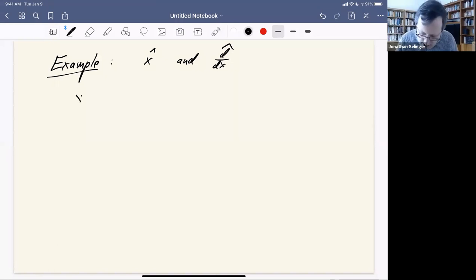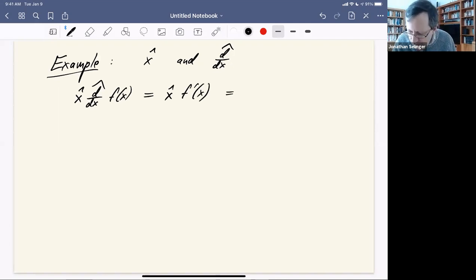Okay, so if you have x acting on d by dx, acting on f of x, what do we get? Okay, that means x acting on f prime of x. So it's x, f prime of x. Okay.